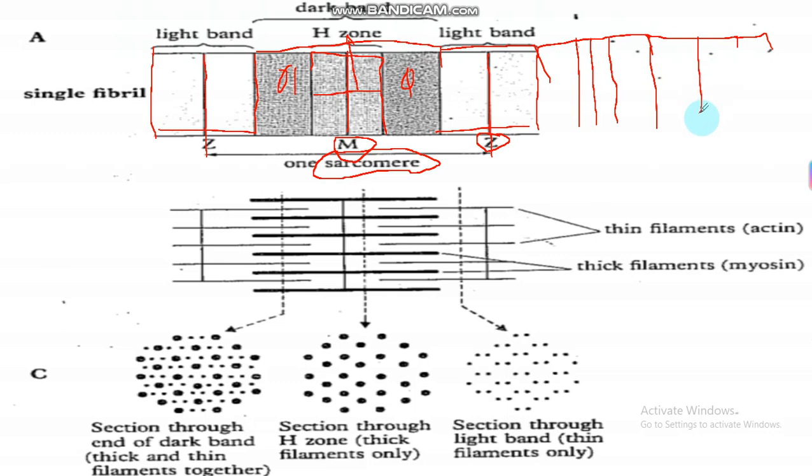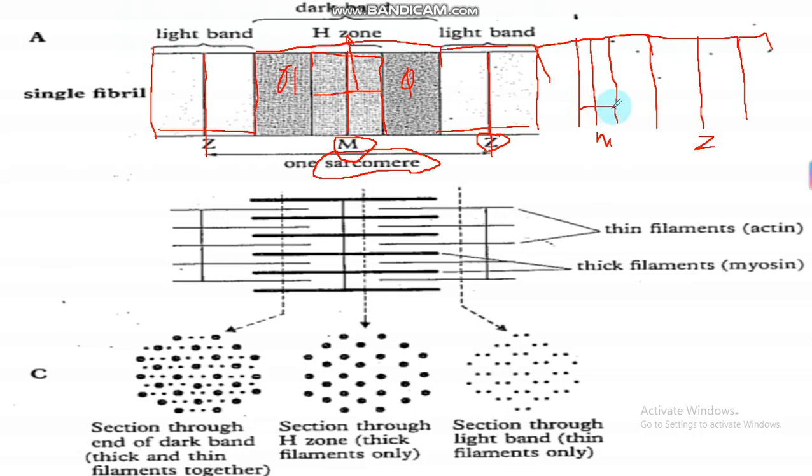Okay. Then if this is our light band, in the middle of this light band we have the Z line. Remember this one? What was this one? This one was our M line. And the whole of this was our H zone.